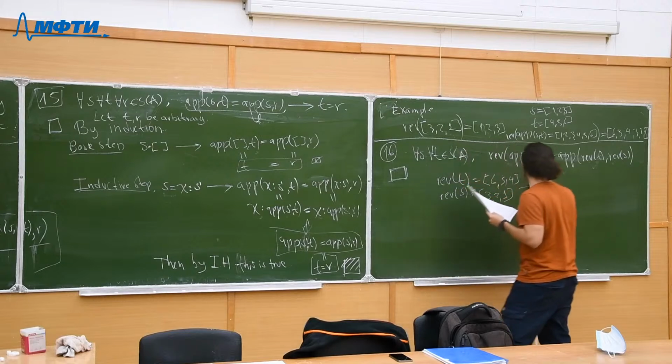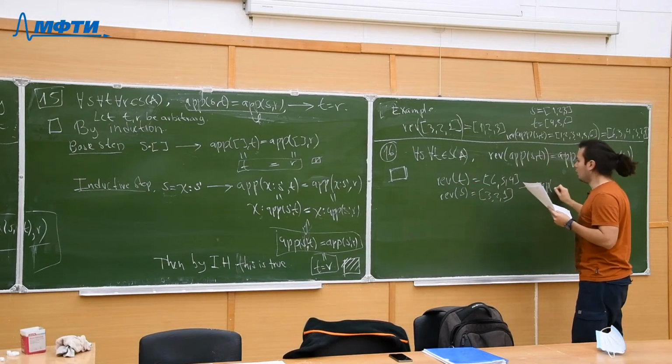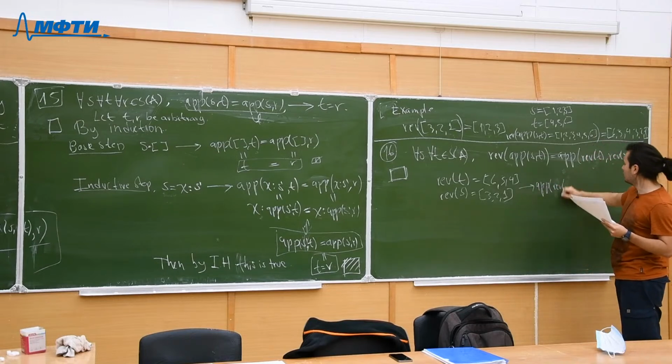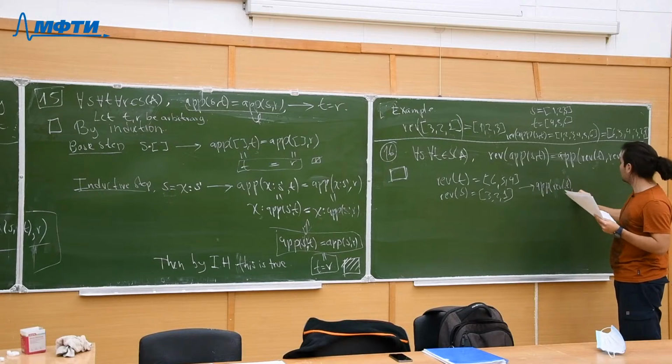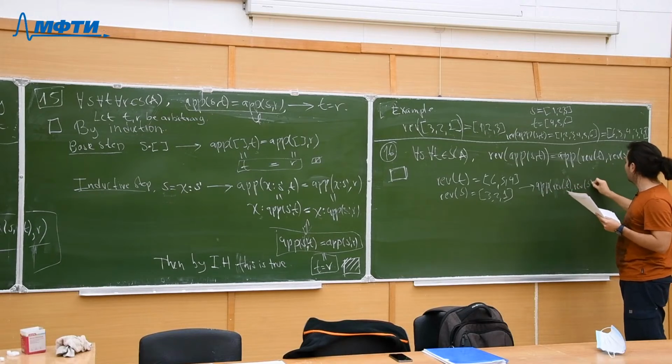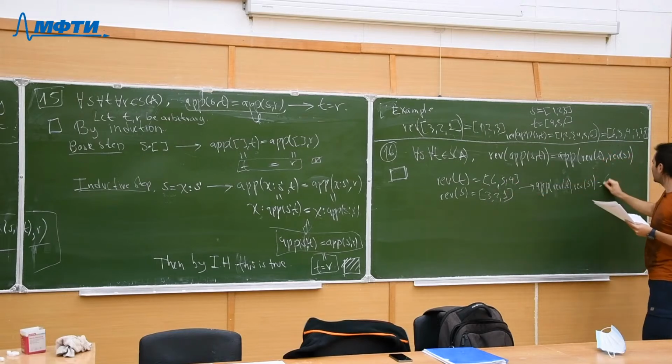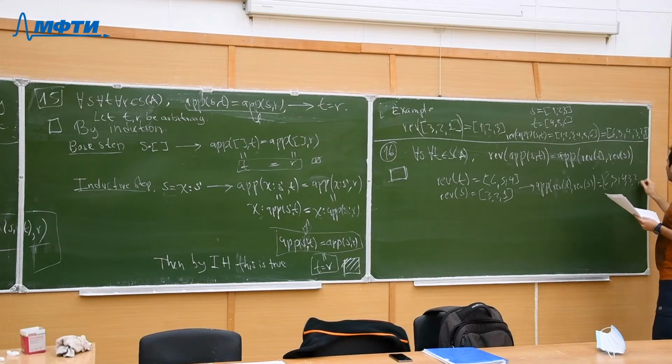And so the app of the reverse of T and the reverse of S is going to be 6, 5, 4, 3, 2, 1.